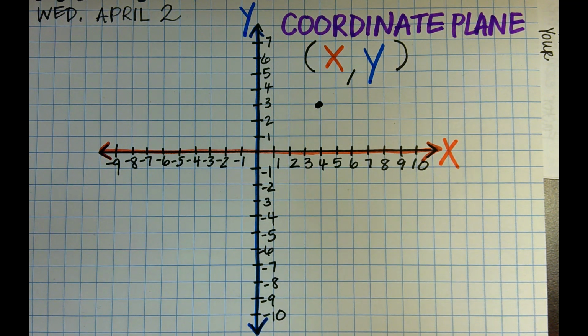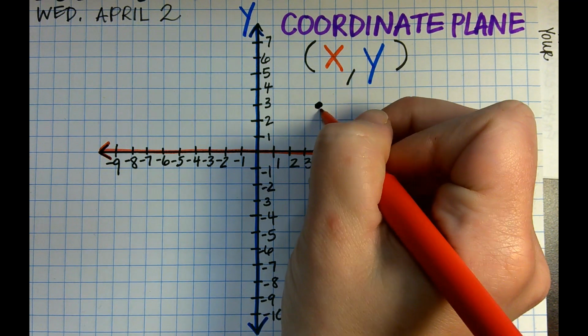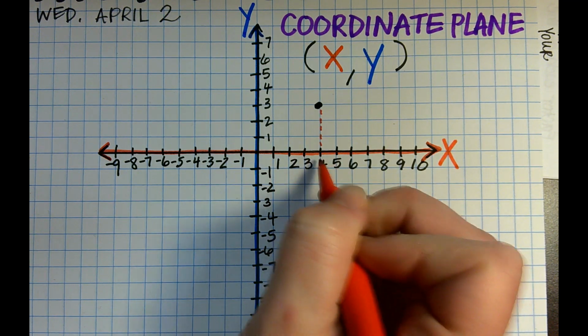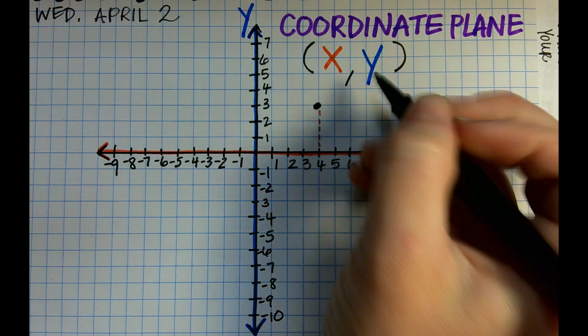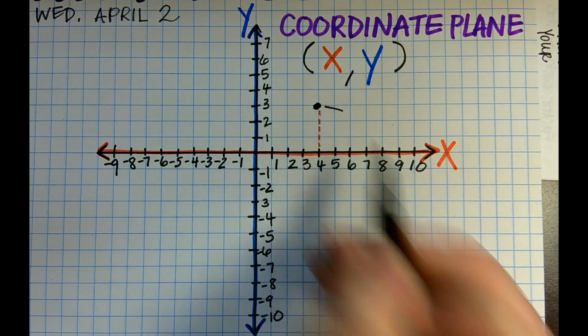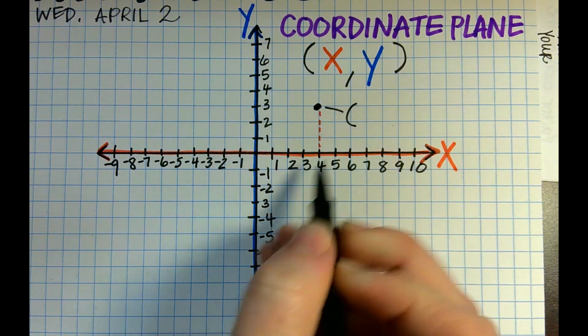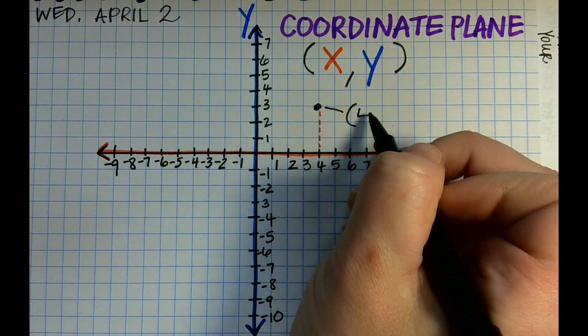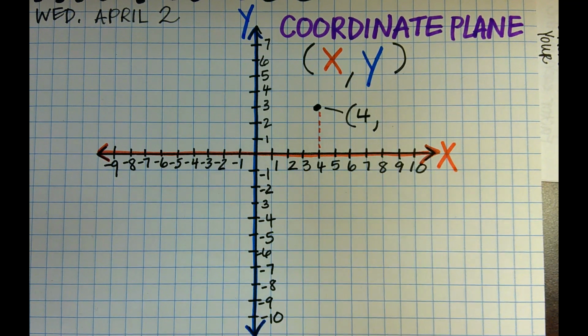4. And I'll trace that. So we can see whenever I trace to the x-axis, my x value is 4. So let's draw a little line out here, and I'm going to label this coordinate. My x value is 4. So I write 4. What would my y value be? 3.